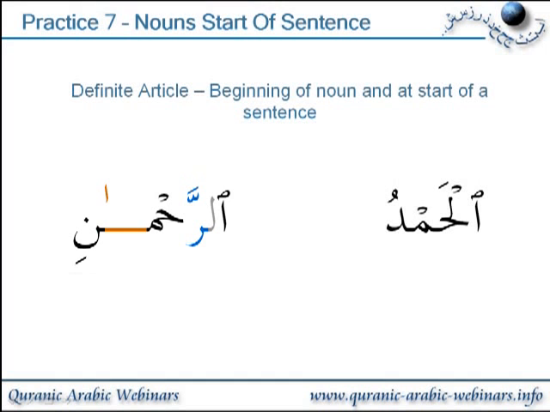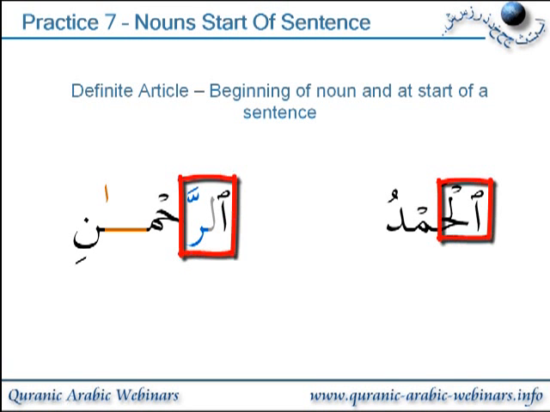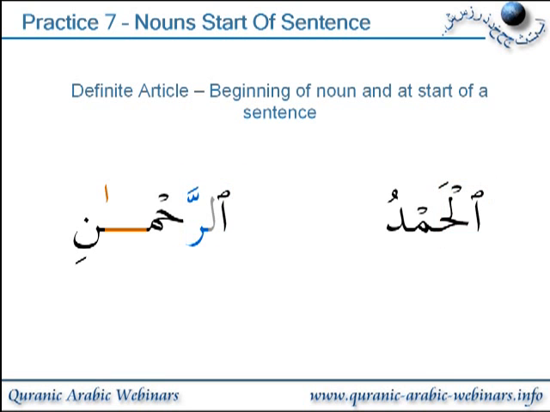Ar-Rahman. So note that the Hamzatul wasl is read as if it has a fatha on it, making the sound of al or a joining with the letter with the shadda, which effectively is the al, the definite article the.